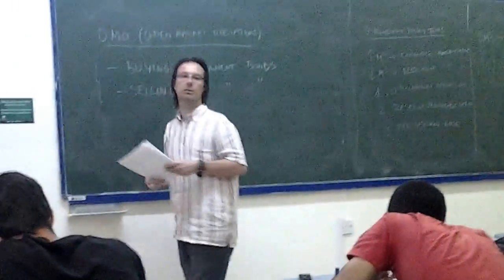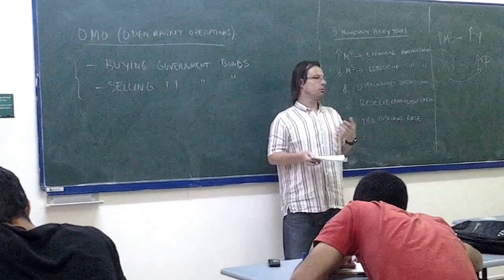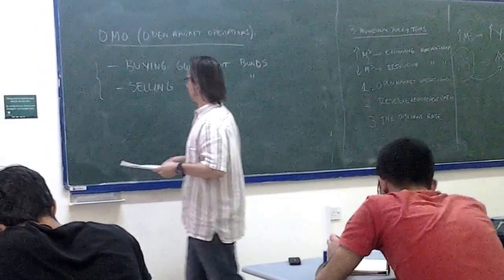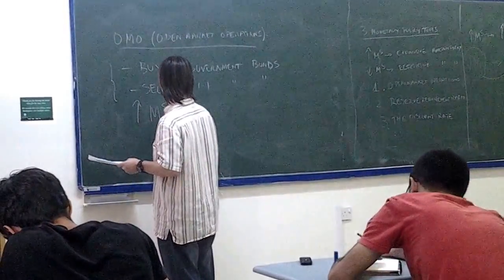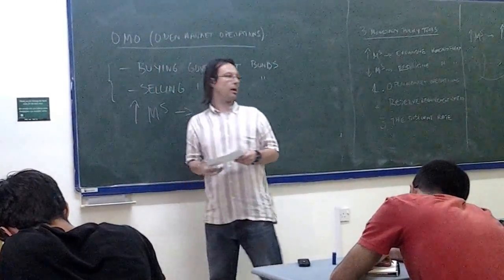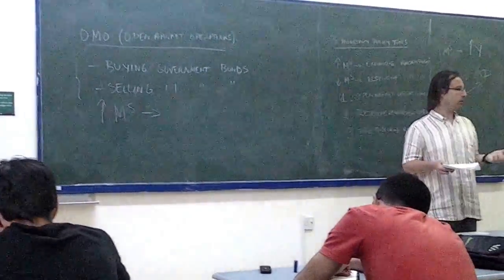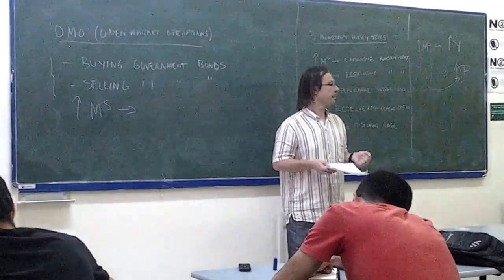So if we want to expand money supply, what should we do? Increases in money supply are related to... if the central bank sells government bonds to the private sector, what happens?